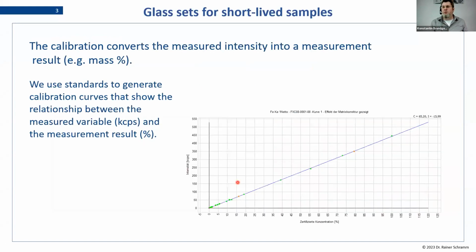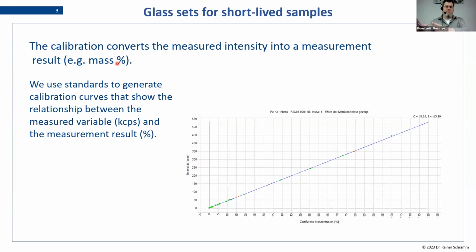And when we are doing a calibration, we invest some time and effort in order to convert this measured intensity, the count rate of our atoms, into a more usable unit, like, for example, mass percent, or ppm, or microgram per milliliter, or per square millimeter.